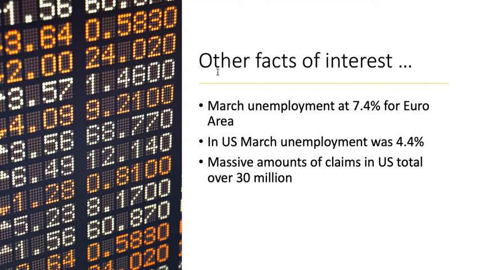And we have seen since the March numbers were collected that there have been a massive number of unemployment claims in the United States. So again, in Europe, they're measuring March unemployment towards the latter part of the month. In the U.S., we measured March unemployment in the mid part of the month, and that made a big difference in the way that the numbers were prepared.